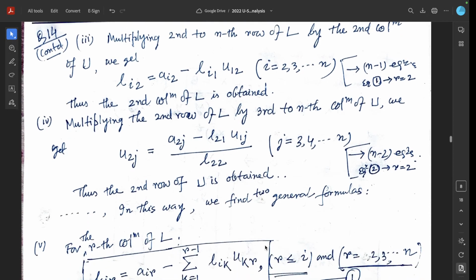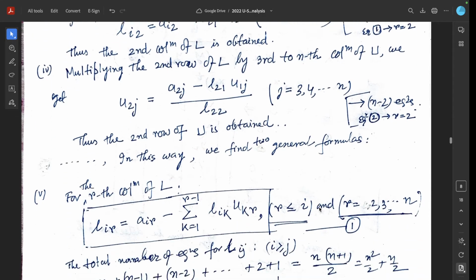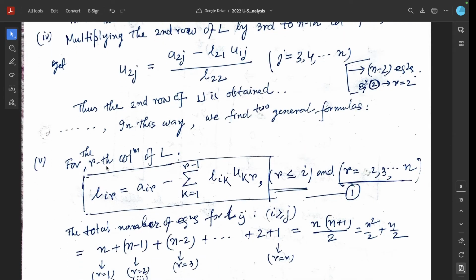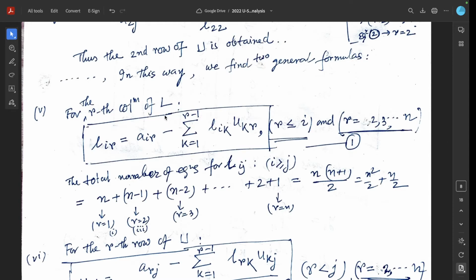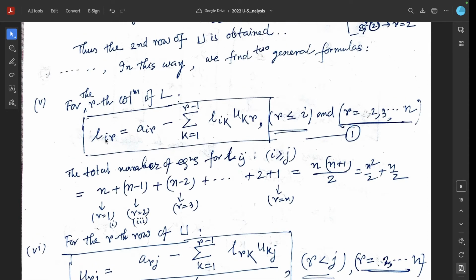And in this way, we find two general formulas for the rth column, to determine the rth column of L. Lir equals Air minus summation k equal to 1 to r minus 1 Lik Ukr, r less than or equal to i.